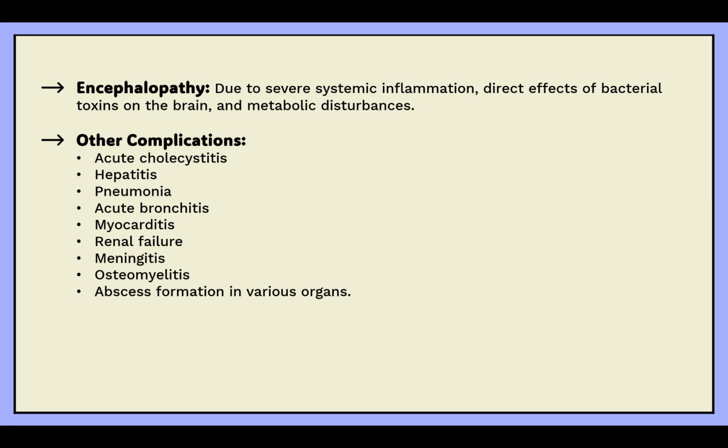Beyond this, a range of other complications can manifest, including acute cholecystitis, hepatitis, pneumonia, acute bronchitis, myocarditis, renal failure, meningitis, osteomyelitis, and the formation of abscesses in various organs. The breadth of these complications underscores the importance of prompt diagnosis and treatment.